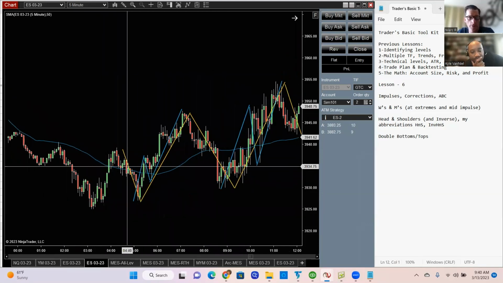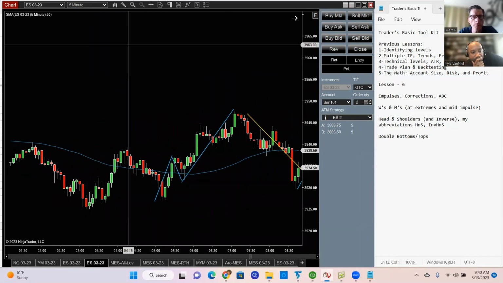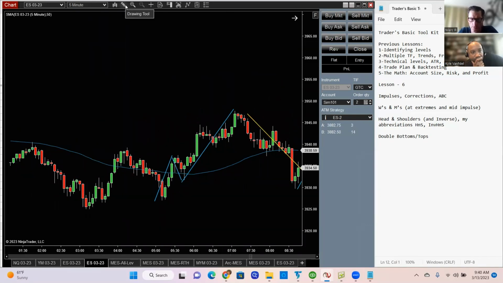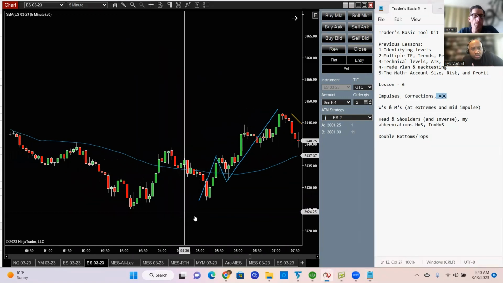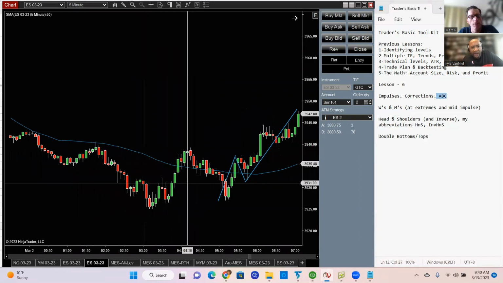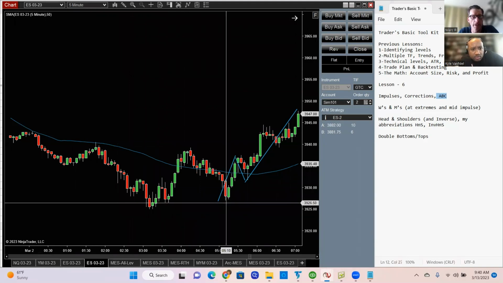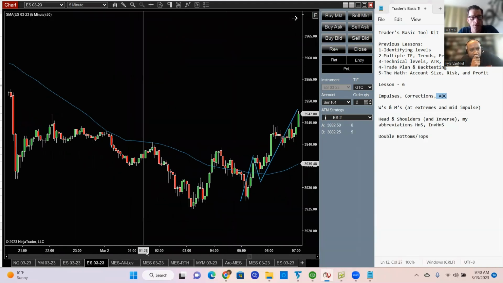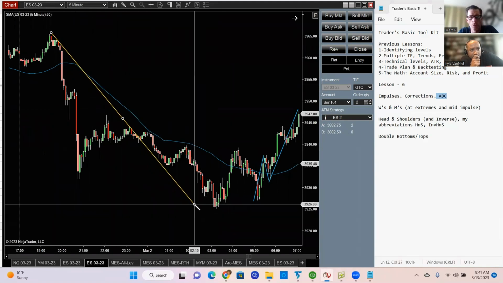I'm making a note on this ABC note I have over here on the right side. A lot of times, and you can see this here, you got this move up. This is a retracement. Now, yes, I did just previously label this as a correction, but you got this big move down here, this whole move down.